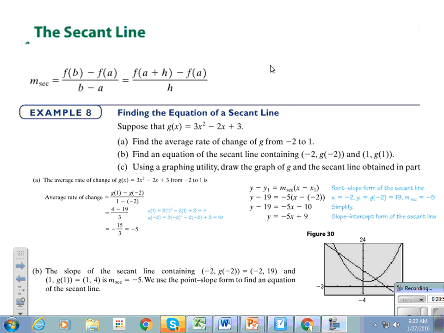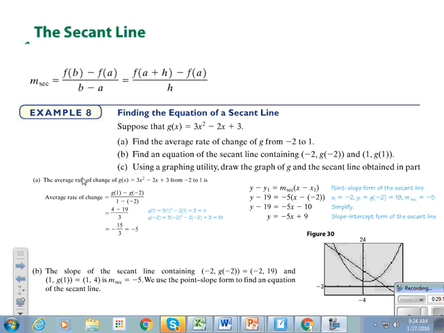All right, so there is a little formula for the line that is secant to a function at a point. So the secant line slope is equal to f of b minus f of a over b minus a. That should be pretty familiar.